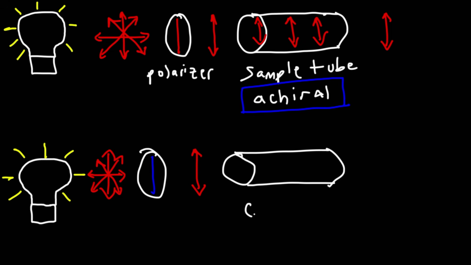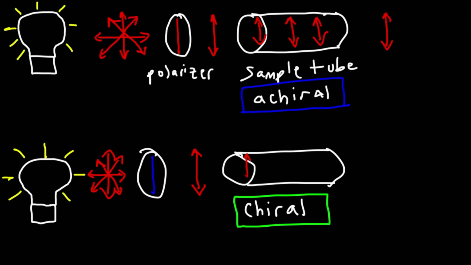This time, inside the sample tube, we're going to have chiral molecules as opposed to achiral molecules. If we have a chiral molecule, let's say one form of the enantiomer, the S enantiomer, this is going to rotate the plane polarized light.